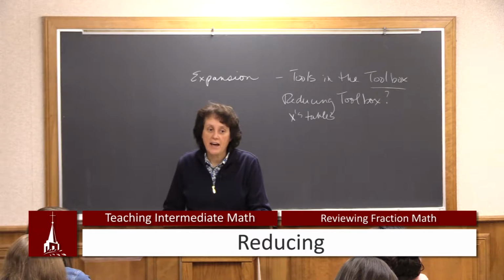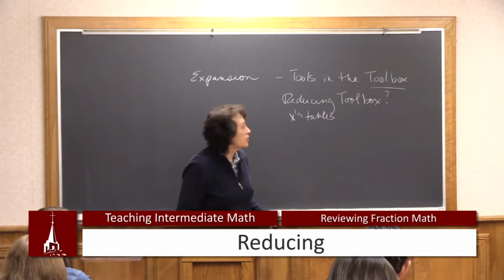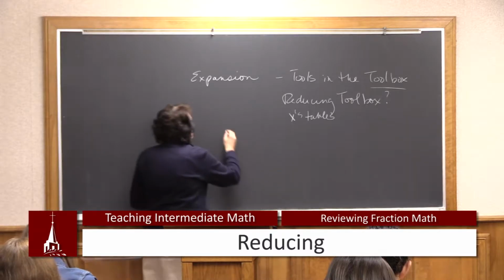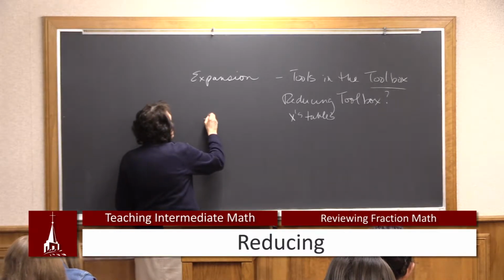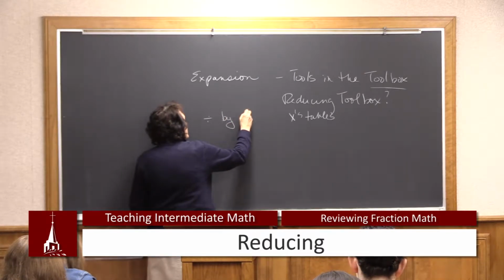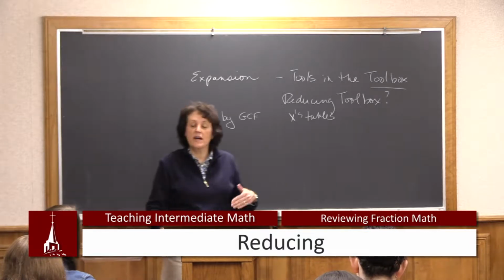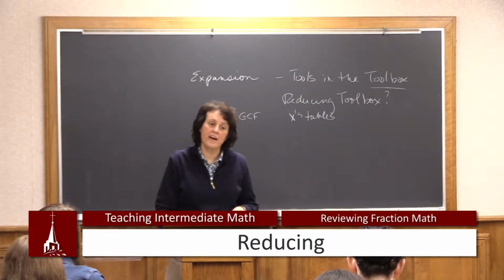You would think of factors. What is the greatest common factor? To reduce a fraction, we are going to divide by the greatest common factor. And so the tools in our toolbox are to help us find the greatest common factor.